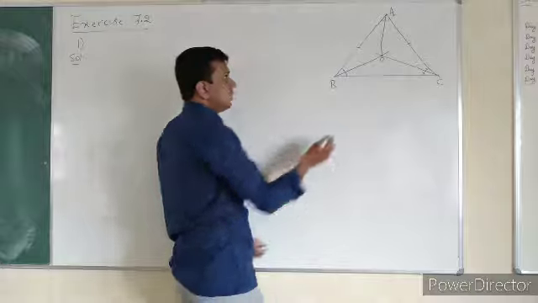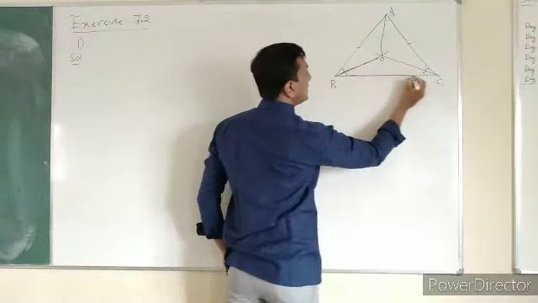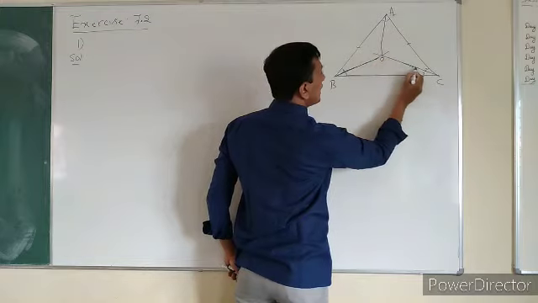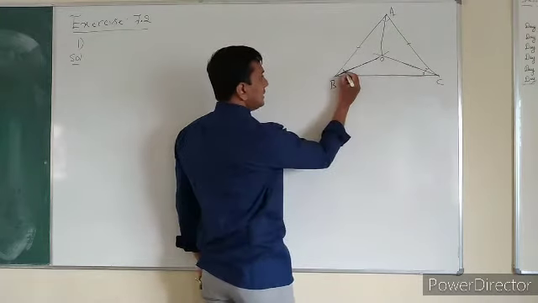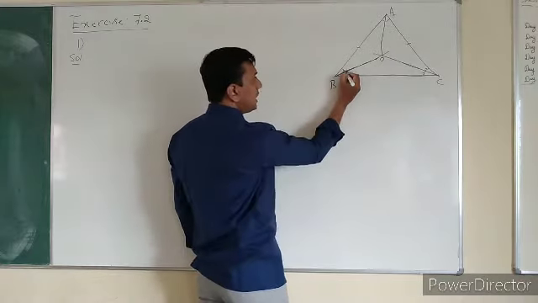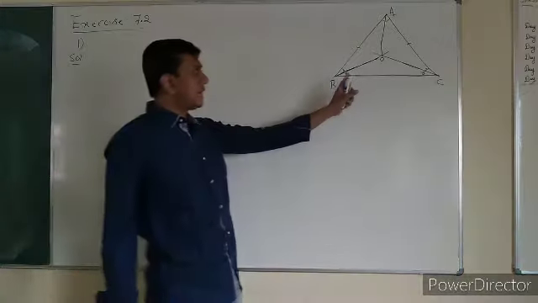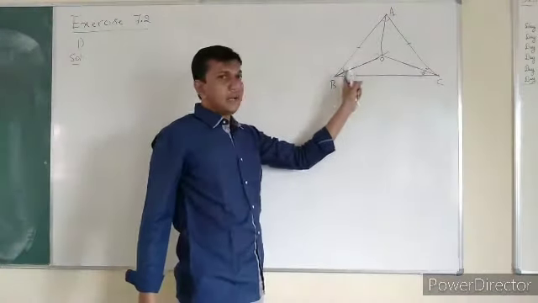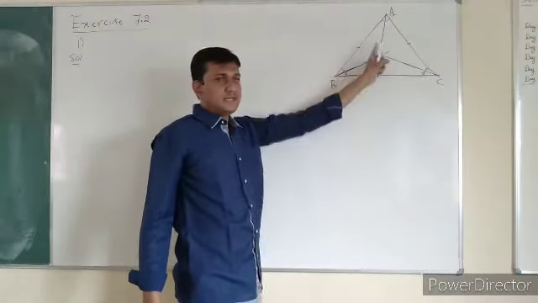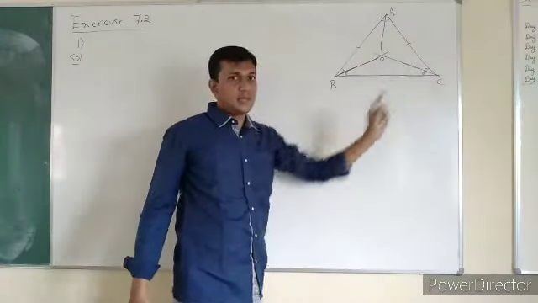Now we will consider this triangle OBC. In triangle OBC, angle OBC and angle OCB are both equal. Why are they equal? Because BO is the angular bisector, and OC is also an angular bisector.